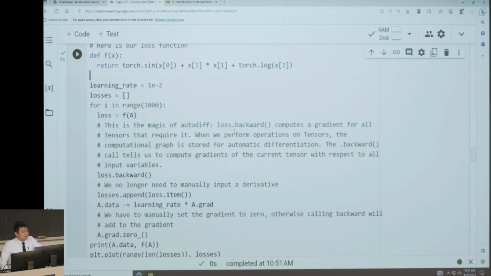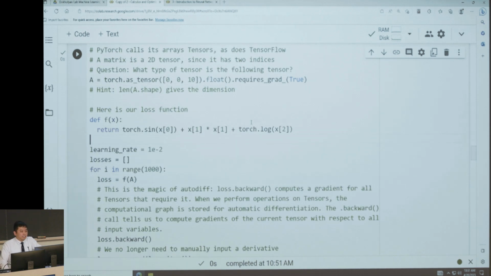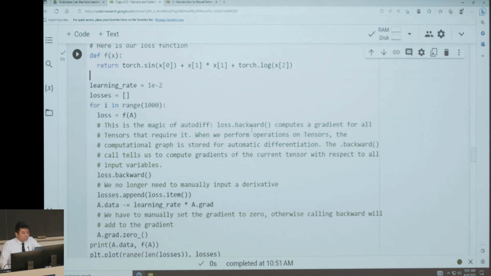Instead of manually writing the code for the gradient, what we have here is when we compute the loss, or this function, we call this method dot backward. And this is where all the automatic differentiation happens.